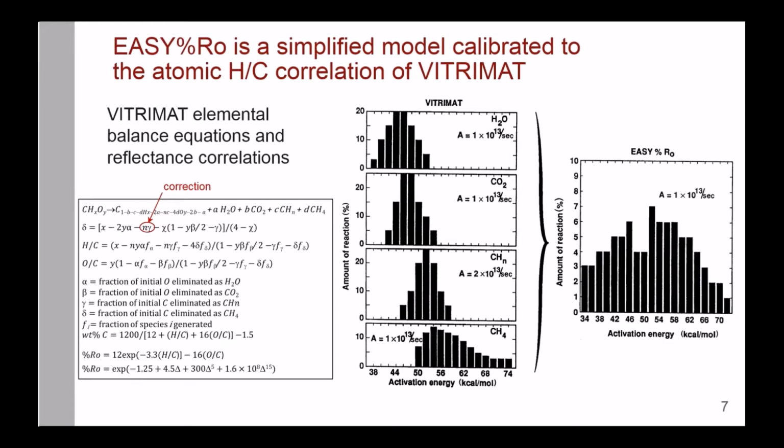And of course, there are enough parameters that you can fit the curve, so you can get a simpler approach to calculating the same thing. But I want to emphasize that EZR0 again is not calibrated to data directly. It's calibrated to Vitrimat, which was in fact calibrated to confined pyrolysis conditions and geologic conditions.